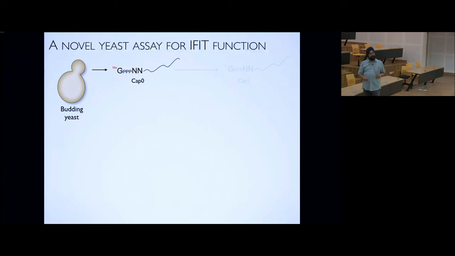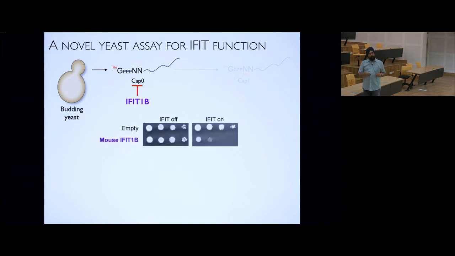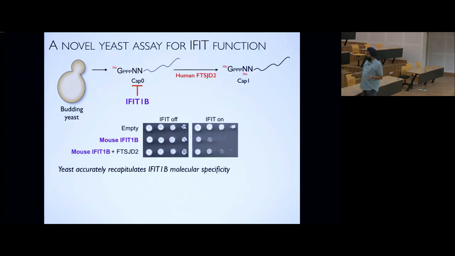Now if you express IFIT1B here, these guys cause a growth arrest, and that's exactly what we see. But if you express the human version of the CAP1 methyltransferase, you should rescue growth, which is exactly what we see.